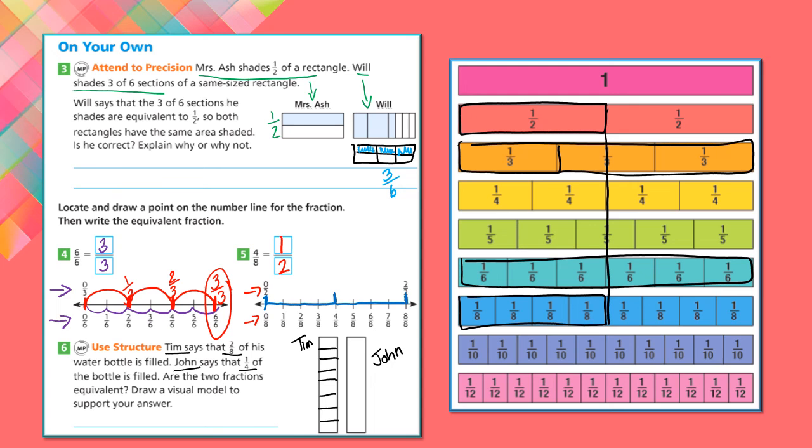Okay. And how many equal parts is that? 4 equal parts. Okay. And how much of Tim's bottle am I going to fill up? 2/8. 2/8, so 2 parts. And how much of John's bottle am I going to fill up? 1/4.